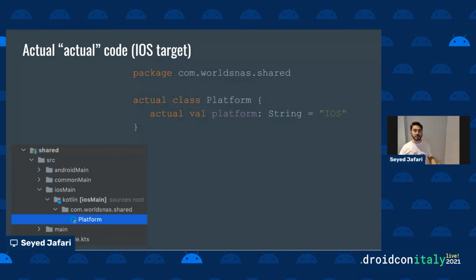With actual and expect, in the common code, you can create a new object of the Platform class, even though the implementation is not there. But with interfaces, you can only do it with a real concrete implementation. So just bear in mind that expect and actual and interfaces are different.